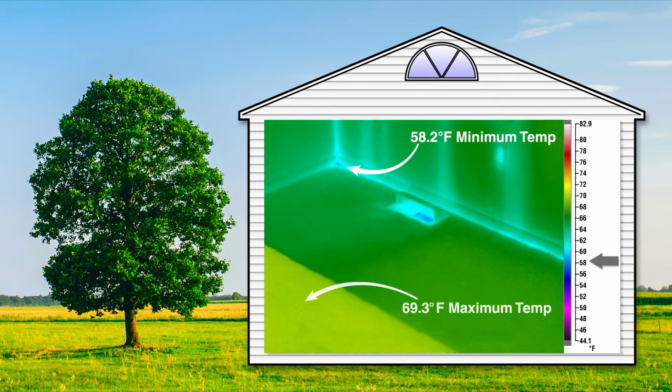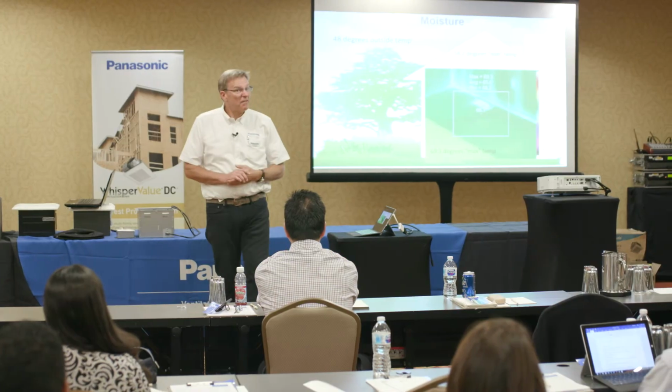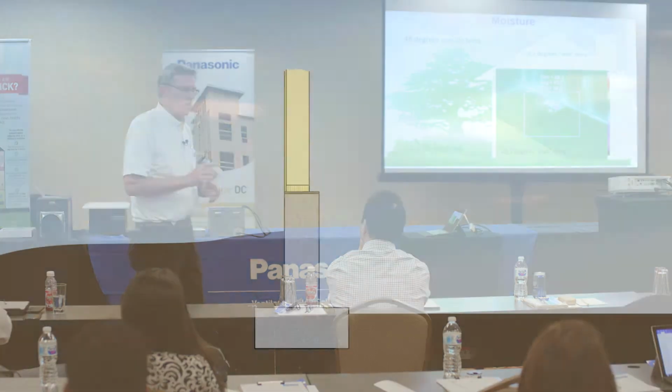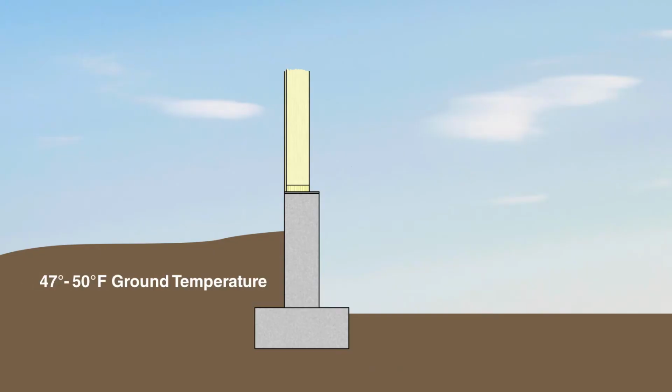The problem is that 58.2 degrees, see that corner? One fun fact about Washington, our ground temperature averages between 47 and 49, maybe 50 degrees on the western Washington side, okay? So that ground temperature at 48 or 49 degrees is attached to my foundation. My foundation is attached to that sole plate, the wood plate that goes from the foundation to the 2x6s.